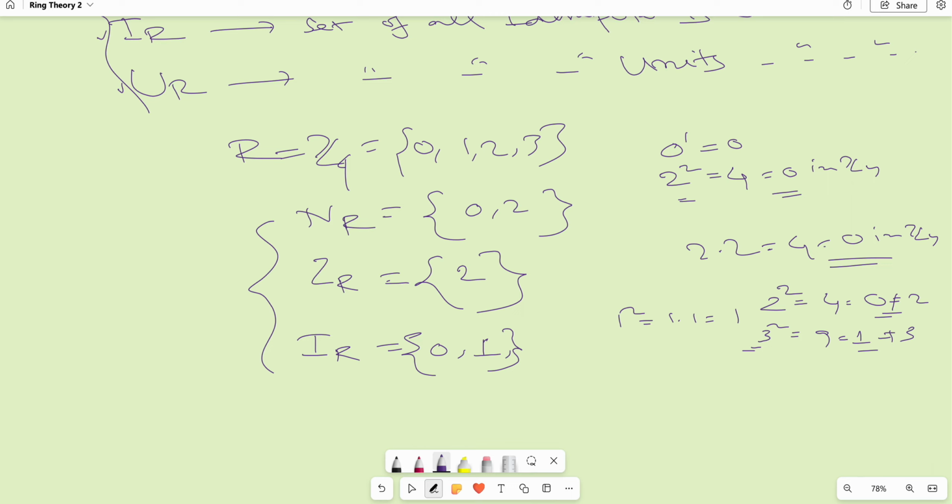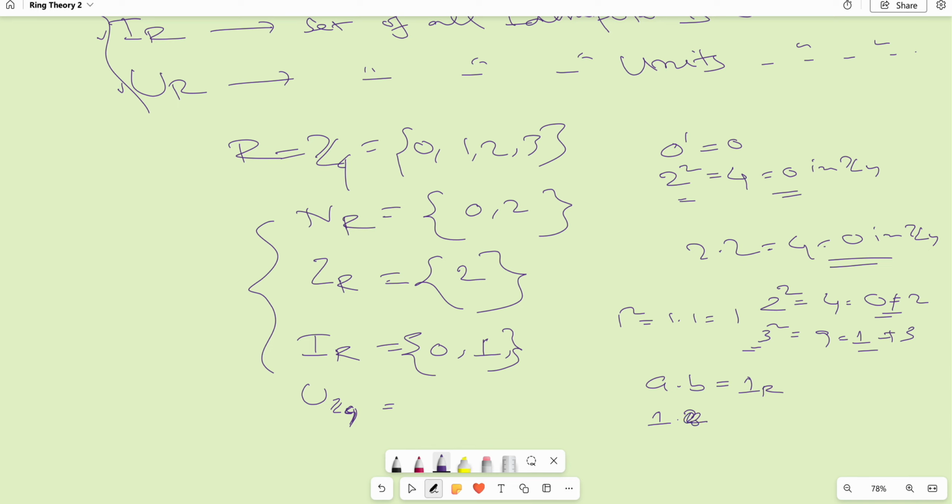So what are the units in Z4? What do you say? Unit: A dot B should be 1 of R. Suppose 1, for 1 there is no B. You cannot take 0, 1 dot 0 will be 0. If you take 2, 1 dot 2 is 2, which is not 1.